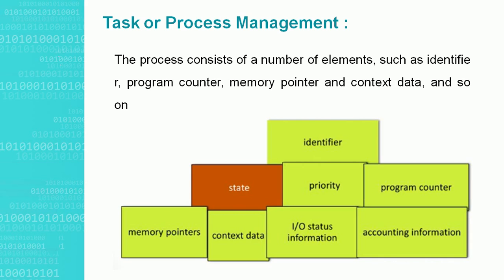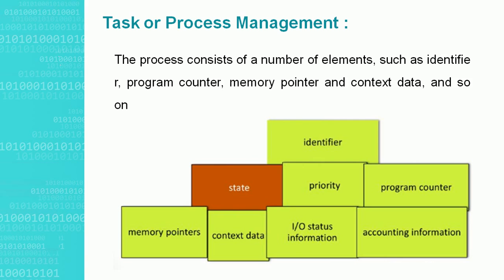Next, program counter. The program counter holds the address of the next instruction in the program to be executed. Next, memory pointer. The memory pointer includes pointers to the program code and data associated with the process. Next, context data. This is the data that is present in the registers of the processor while the process is executing.